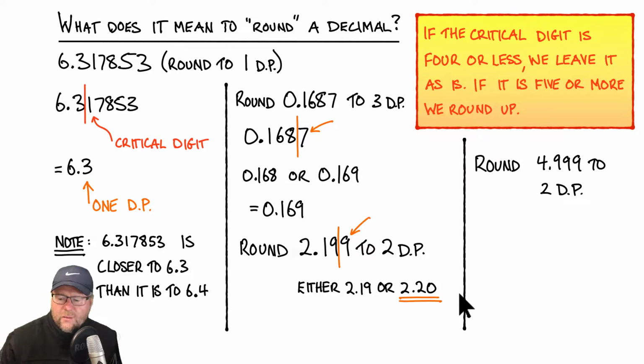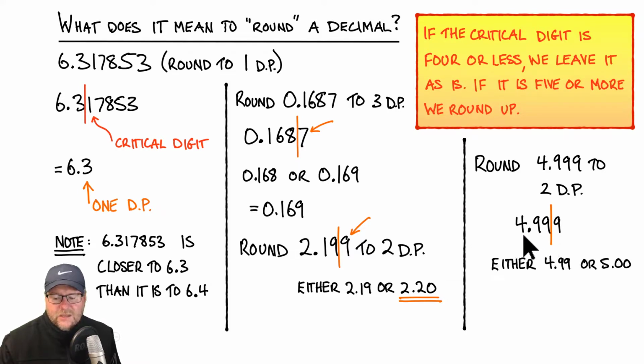Let's look at one more example. Round 4.999 to 2 decimal places. Let's count out 2 numbers after the decimal: 1, 2. Chop it there. Now my answer is either going to be 4.99, or if I rounded that up, effectively the next number after 4.99 is 5.00.